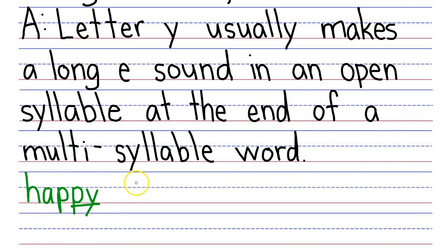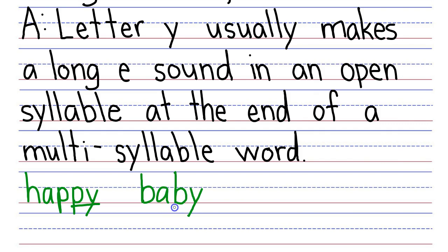Next word, baby. First syllable, bay. Second syllable, B. Bay is spelled B-A. B is spelled B-Y. First syllable is an open syllable because it ends with the vowel letter A. That means that the A makes its long sound. The long A, A. B-A. Second syllable, B, is an open syllable because the Y is a vowel letter because it's not coming at the beginning of a word or at the beginning of a syllable.